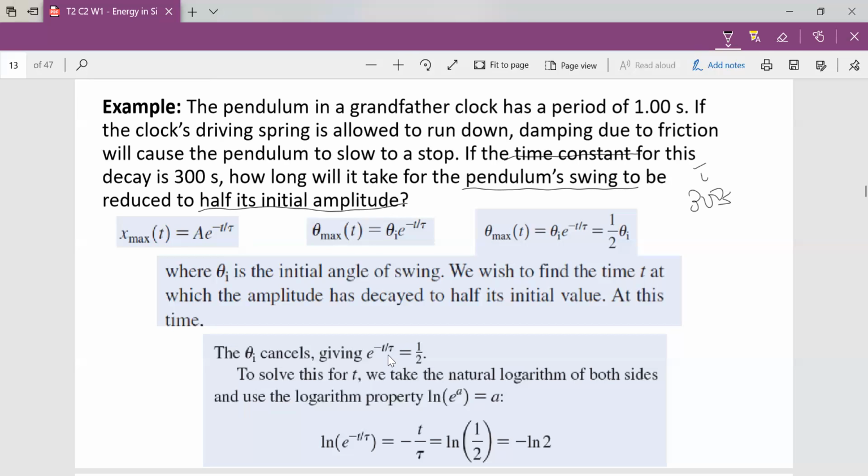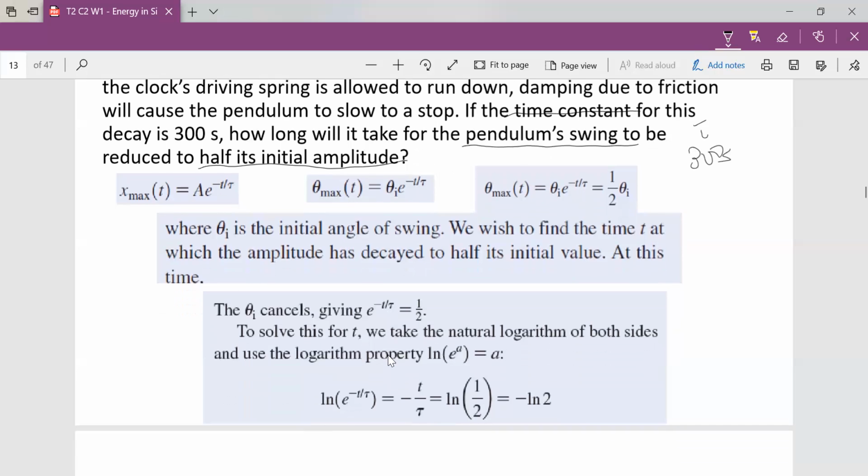Now, this simply gives you an idea that because the amplitude is reducing as it's swinging, it's a problem with damping. Then you come to the damping equations to pick one that applies to the problem. The question said, how long will it take to go to half of that swing?